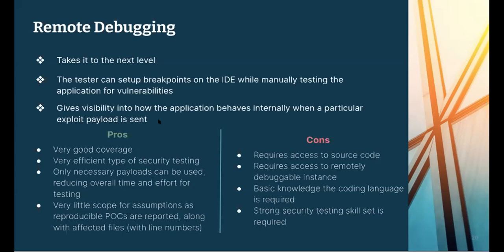Even if I have access to the code, I may make some assumptions that, okay, this line number does this, that line number does that, hence maybe my payload should be modified in a certain way. But if I have a real-time view, I can actually pause, hit a breakpoint, look at the variables, or write a watch expression for the variable that I'm interested in, and see how the application deals with or parses my exploit payload, right?